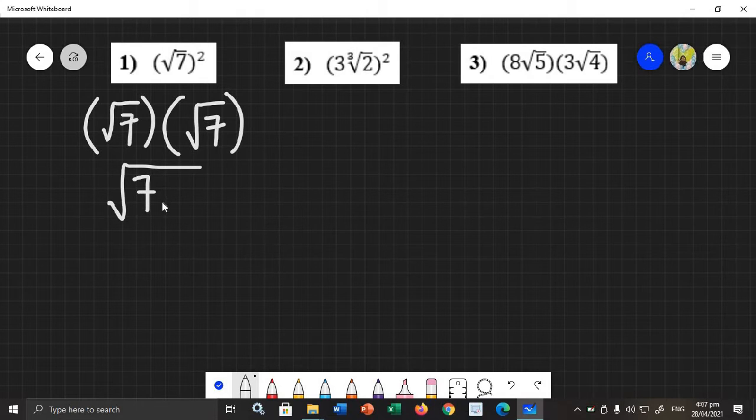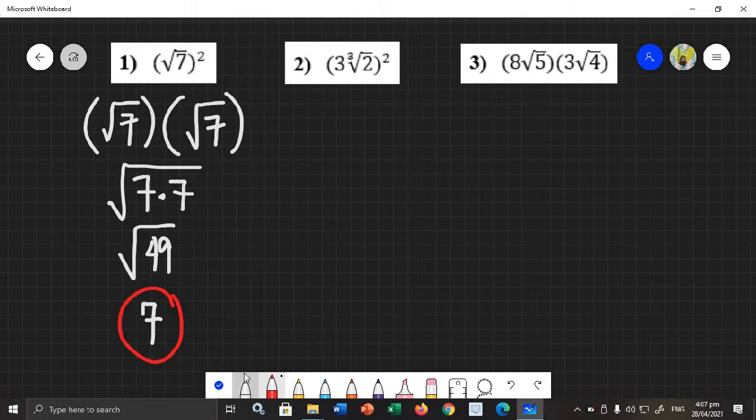So we rewrite the given in a single radical sign: square root of 7 times 7 is equal to square root of 49, and square root of 49 can still be simplified as 7. And this is now your product.